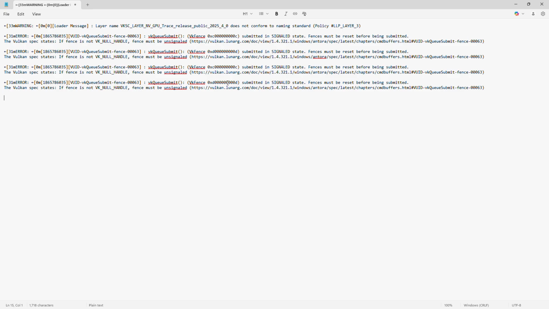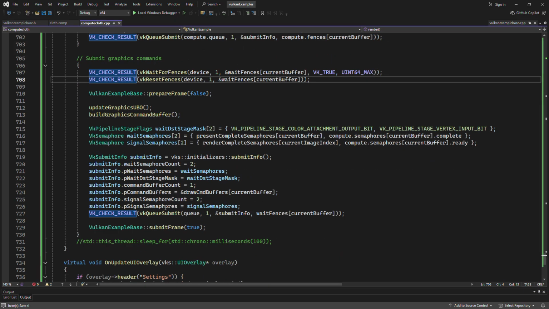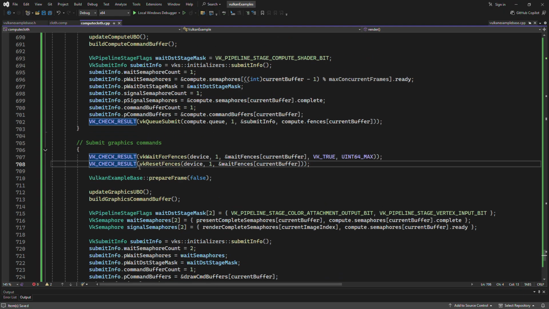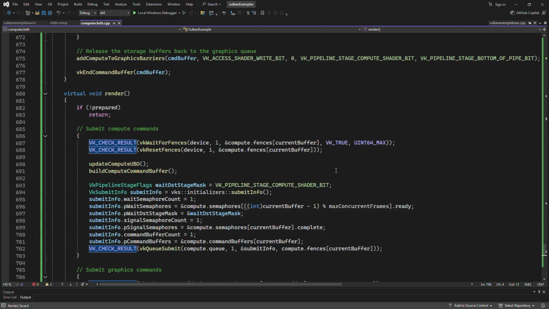Fences must be reset. You know what I mean? All of that stuff. Okay, so we get the drift, right, guys? We have to manage that process. So you guys now understand the idea of fences, right? We're submitting work to the GPU.